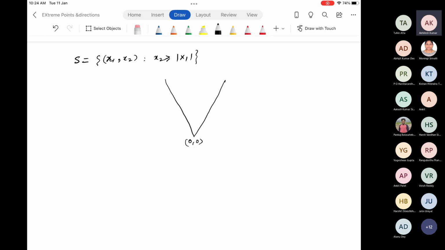Now, is what I have said earlier, that any point in the set can be described as a convex combination of extreme points, possible here? Suppose I put a point here. This is your set S, right?